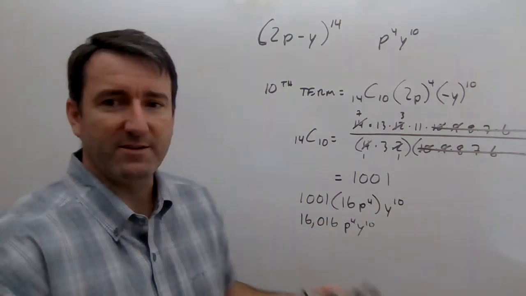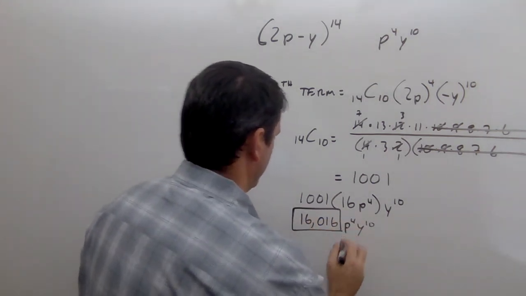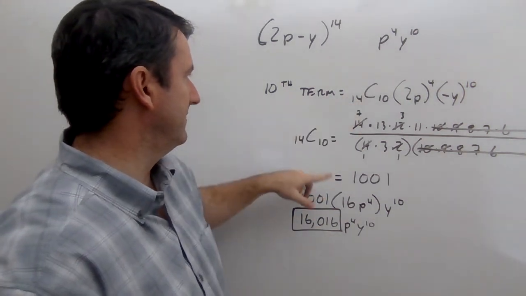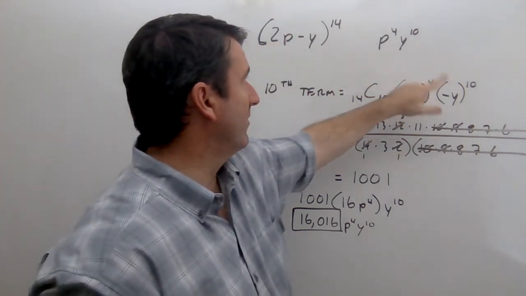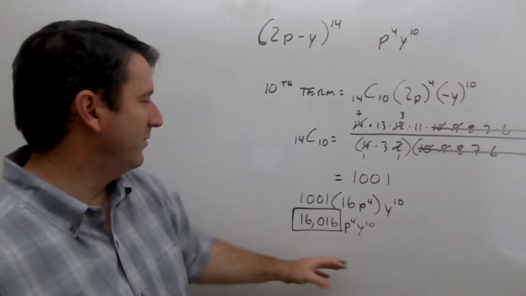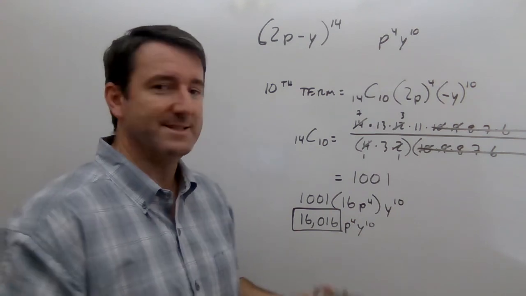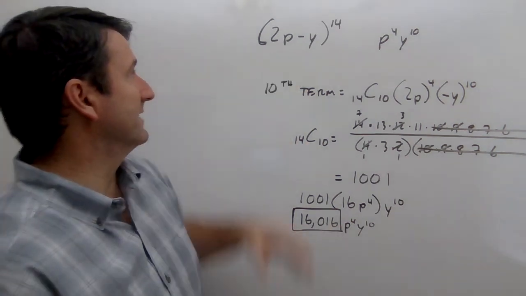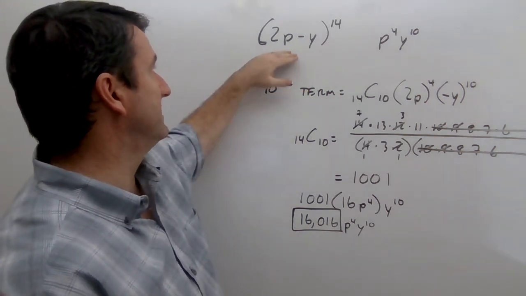And we were just asked for the coefficient, so it's just this number here. So we start off with 14 choose 10 times all of this to that 4th power times all of this to the 10th power, and we end up with our answer. 16,016 is going to be the coefficient on that 10th term in the expansion of this binomial.